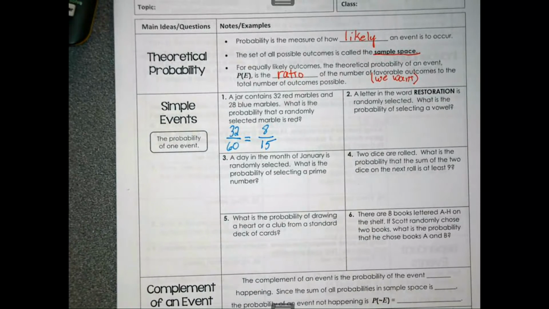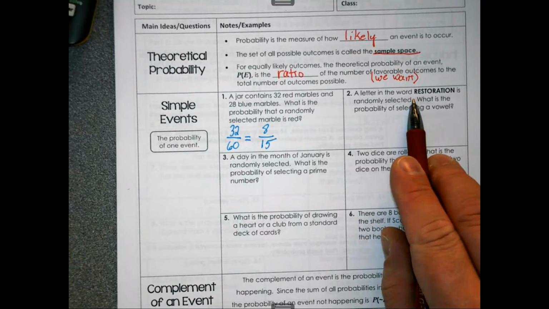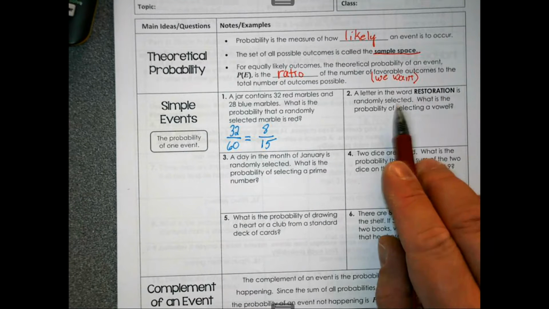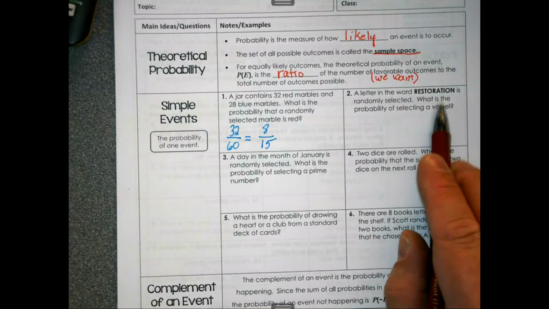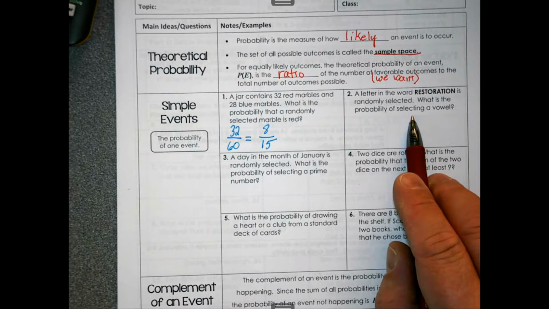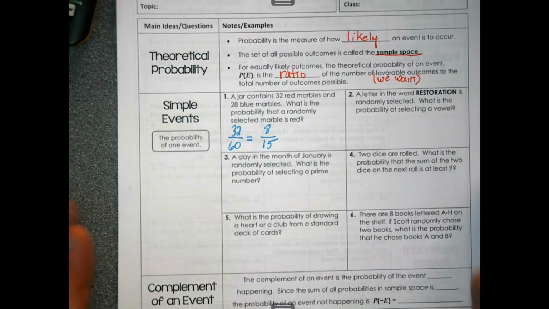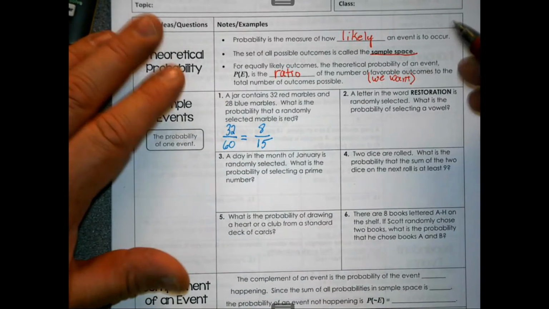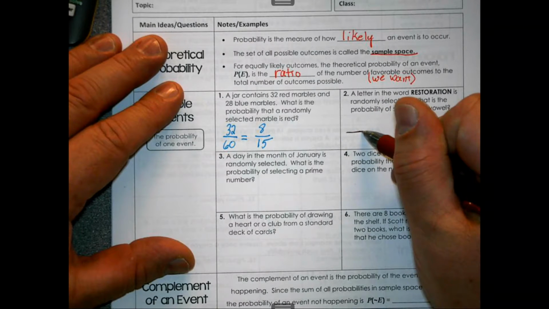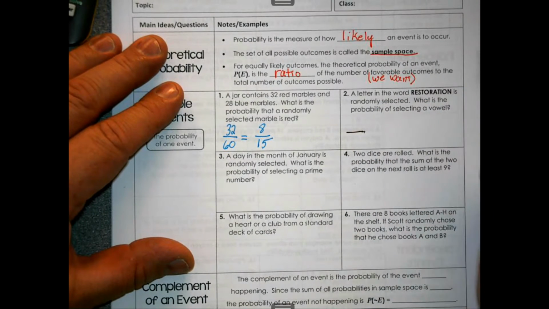Number two, a letter in the word restoration is randomly selected. What is the probability of selecting a vowel? So, all your Vanna White people out there, I'd like to buy a vowel.